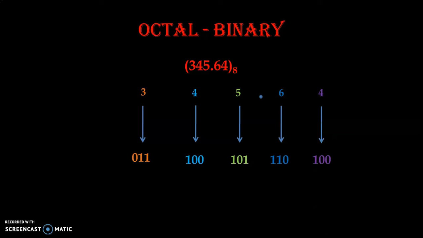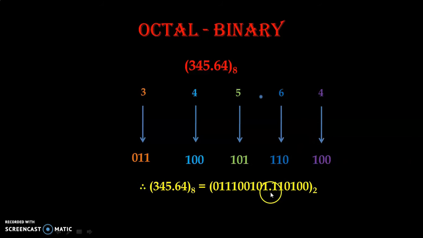So now the conversion is complete and we have to club. We should always remember where we need to put our fractional point. So for 345.64, we have the equivalent binary number 011, 100, 101, and now we have a point. So it comes to 110 and 100.